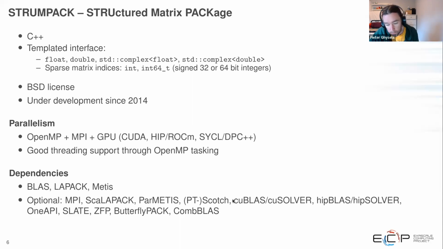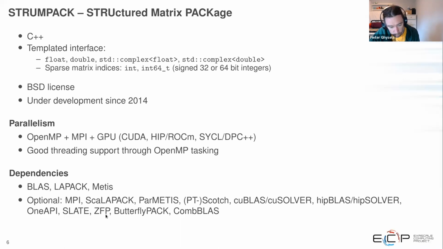And then for GPU, you need cuBLAS and cuSolver, or HIP plus hipSolver on AMD. And then the SYCL or DPC++ code uses oneAPI to do BLAS or LAPACK operations on the Intel GPU. We can also use SLATE. SLATE is a modern replacement for ScaLAPACK, which provides also a GPU offloading capability for ScaLAPACK-like operations.